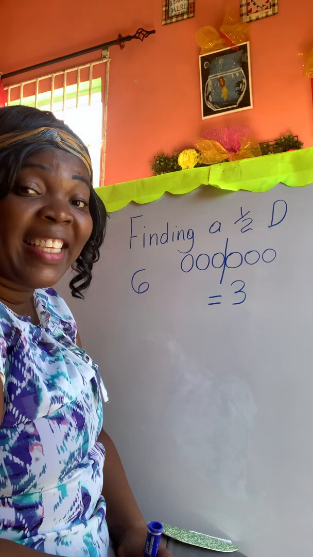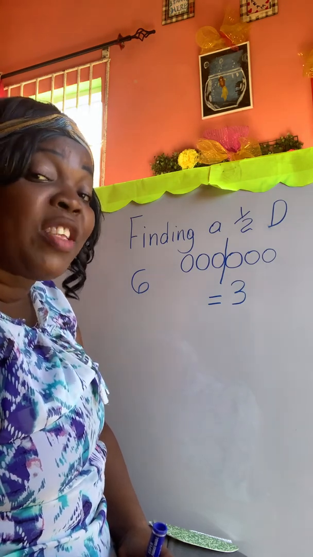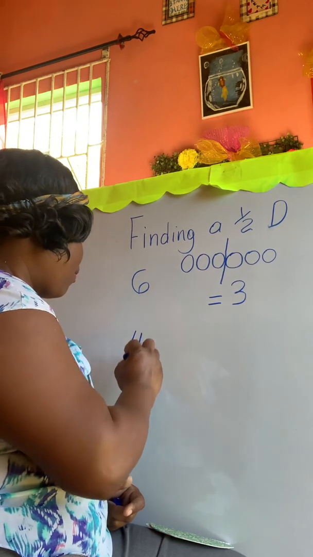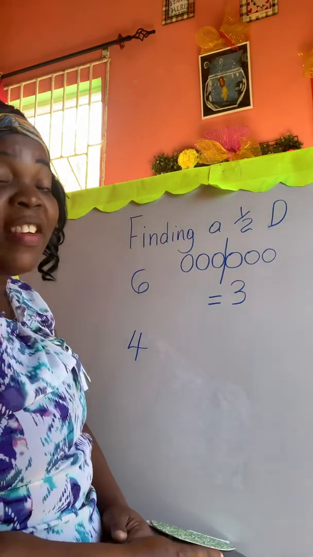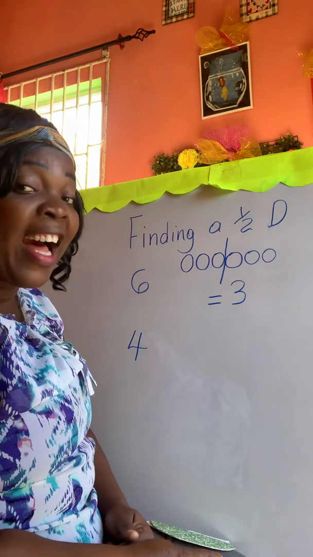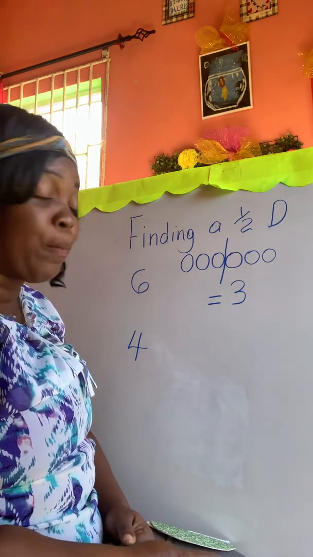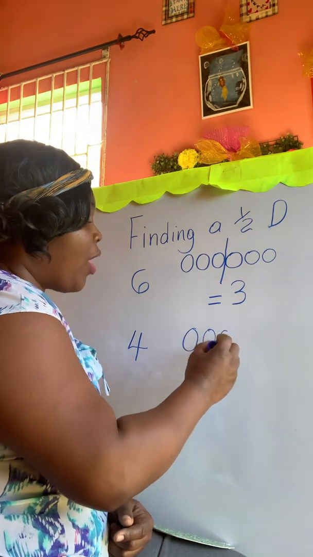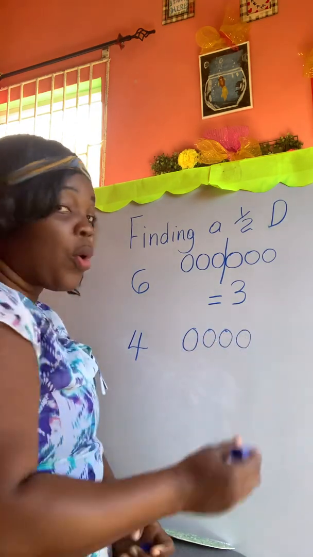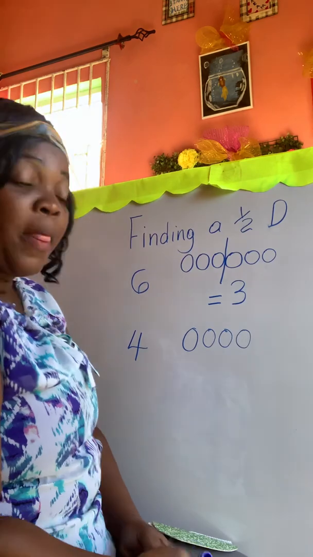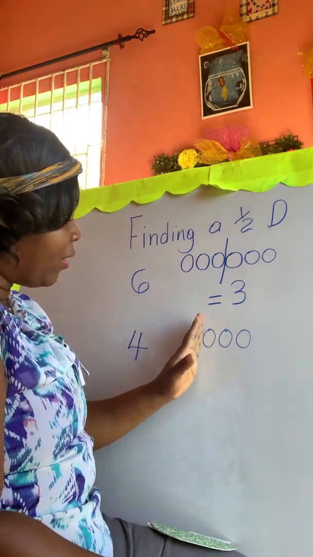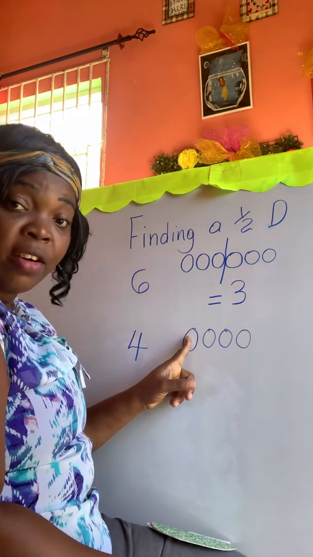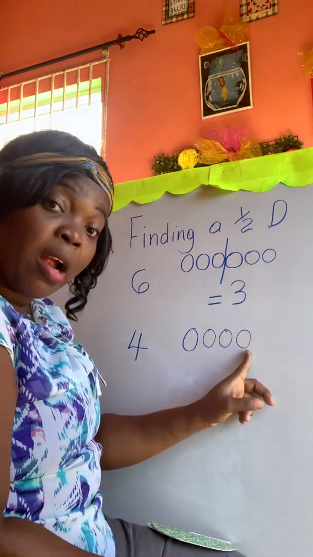Shall we try it again? Let's use number 4. We're trying to find a half of 4. 1, 2, 3, 4. If I part it here, then it would not be equal because there would be 1 over here and 3 over there.